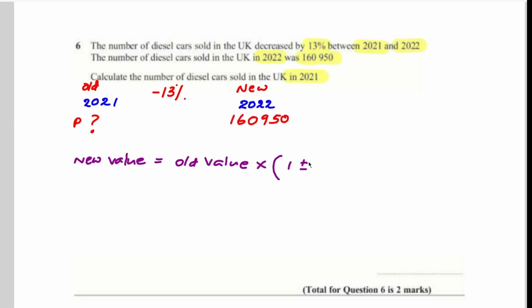Depending on the question, you have to decide whether to write plus or minus. R over 100. Right, now let's write down these notations. N, number of years.